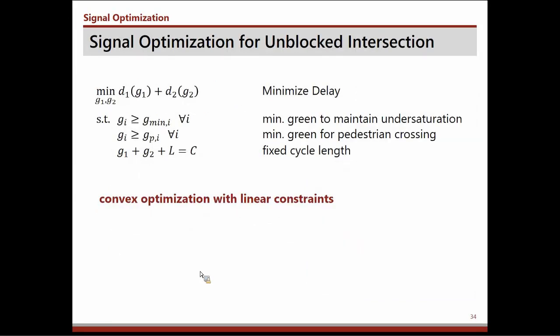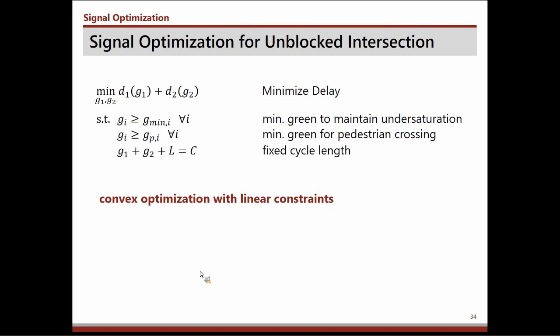So in an unblocked intersection, a common objective is to minimize the total intersection delay. Right? We can calculate the delay if we have two crossing streams, two one-way streets that are intersecting. We just sum up the total delay that all those vehicles experience. We want to minimize it, and we have some constraints. We have to provide a minimum amount of green time to keep the intersection undersaturated. We need a minimum amount of green time that pedestrians in the parallel crosswalks can get across the street.